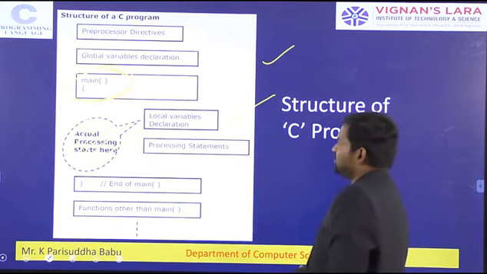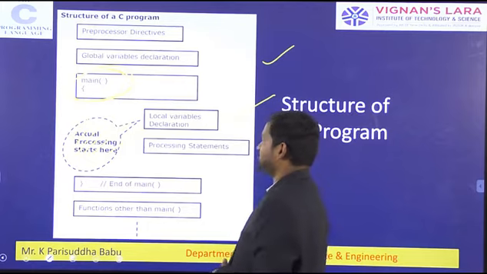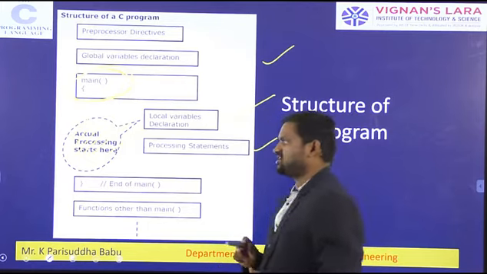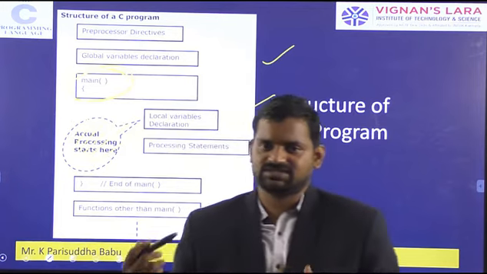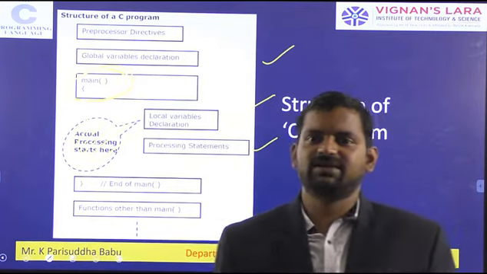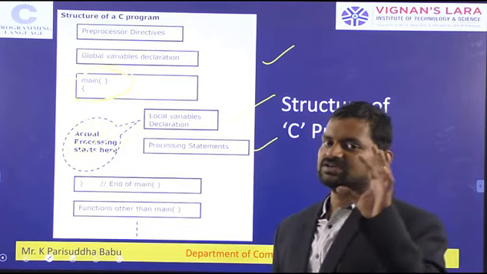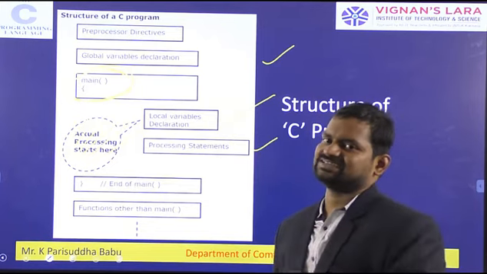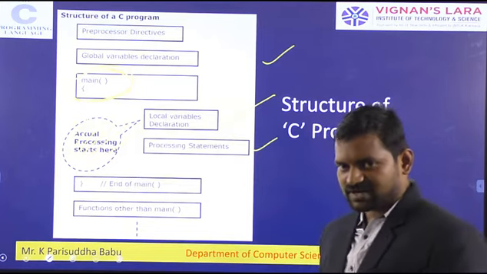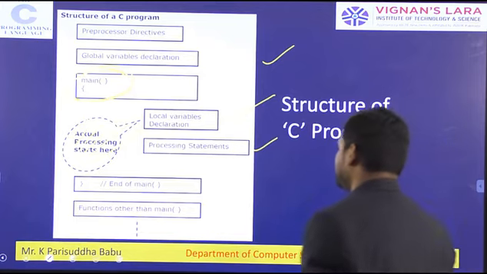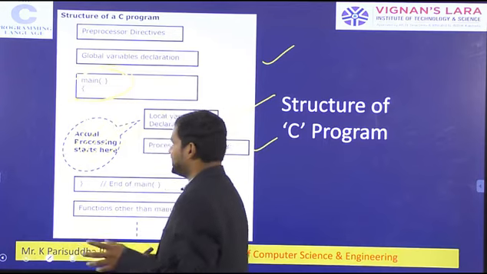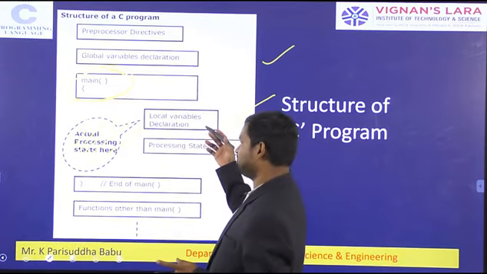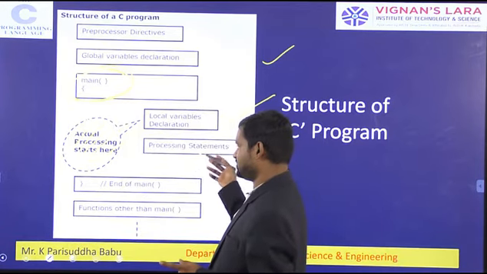After that come the processing statements. A statement of a program is nothing but a combination of different tokens. We have to write the program instructions after the local variable declaration.